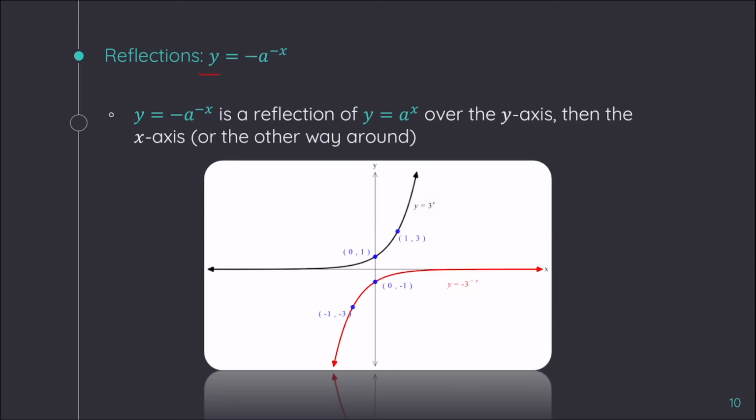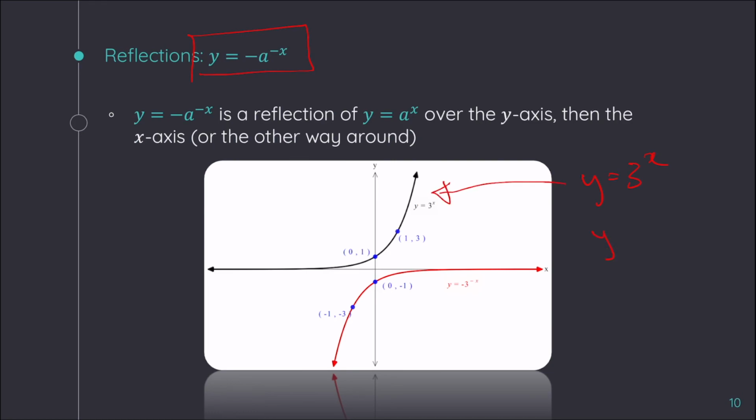And now we are doing the same thing, but twice. What we're doing is we get y equals 3 to the power of x. We're going to flip it to the other side and then flip it again. It doesn't matter which order you do it in. So we get this graph here.